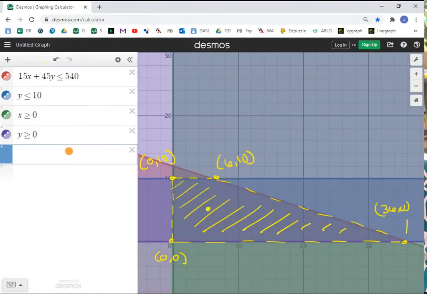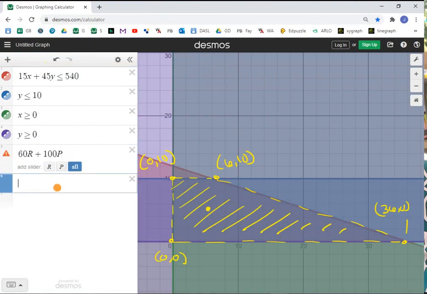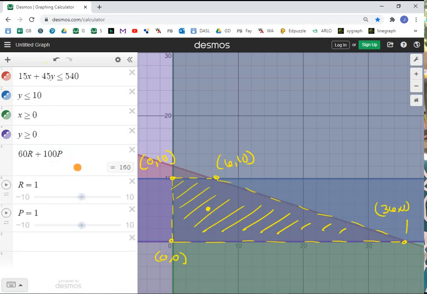So I'm going to type in 60R plus 100P. You can do this in a different calculator, but it says add sliders for R and P, so that's what I'm going to do.